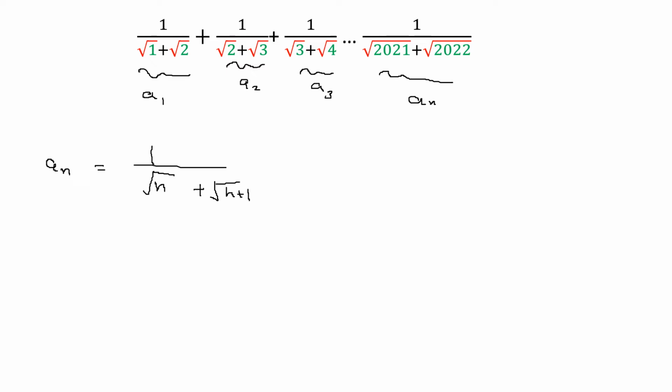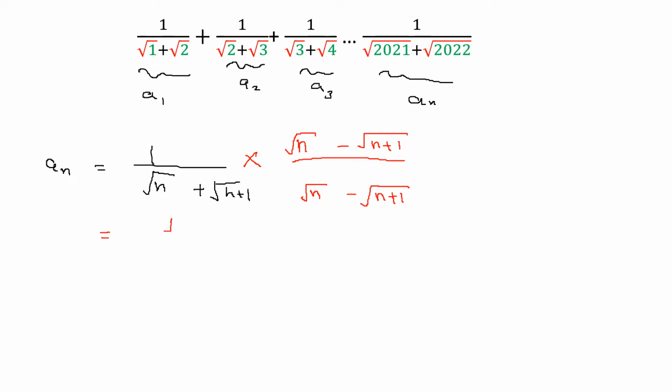If we rationalize it, then we multiply the numerator and the denominator with square root of n minus square root of n plus 1. Someone says under root, someone says square root, so there is no problem with saying either.